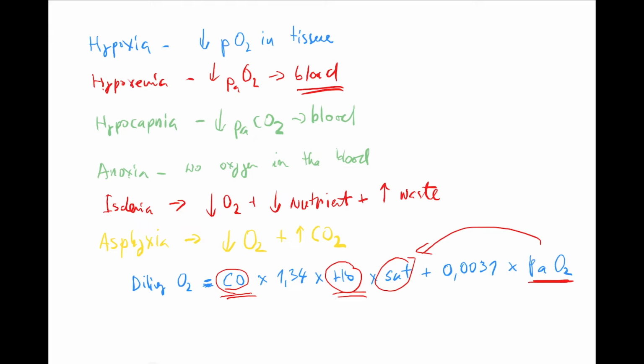But if you look at this formula, you should realize two things. First of all, cardiac output is crucial and hemoglobin is crucial. Basically, if we didn't have hemoglobin, we could transport some oxygen into the tissues, but the circulation would have to flow amazingly fast.